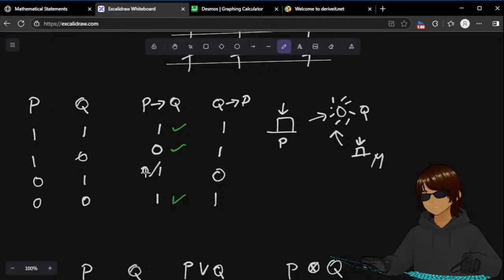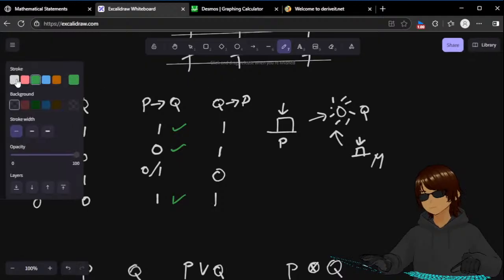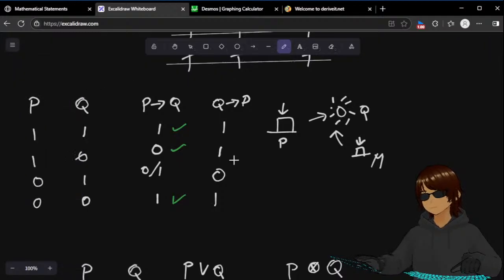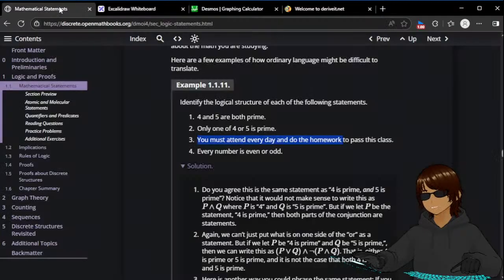Yeah, this can either be true or false, right? Like if P doesn't happen but Q happens, okay, never mind.